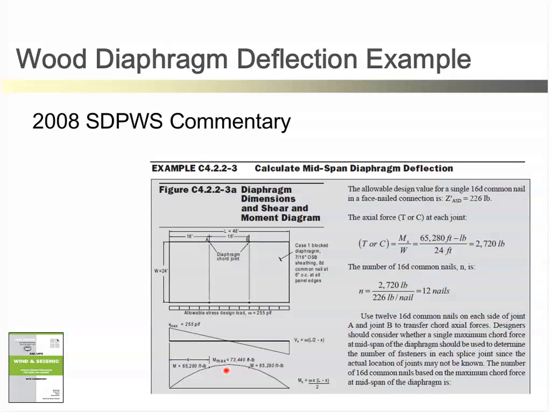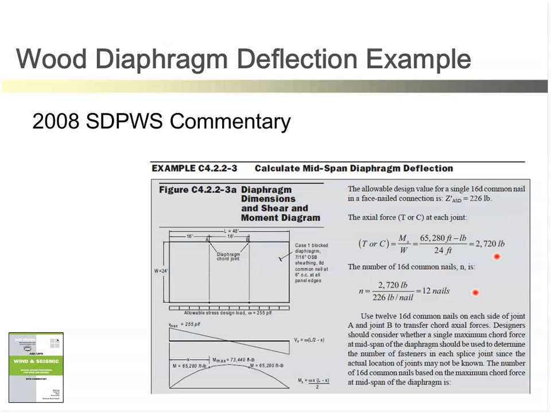So first thing we're probably going to want to figure out then, over here on the right, is the number of nails required to resist the chord forces. So again, at those splices, which are at 16 feet on center, we're going to use the moment at that location, 65,280 foot-pounds, divided by the width of the diaphragm to come up with the required tensile or compression force.